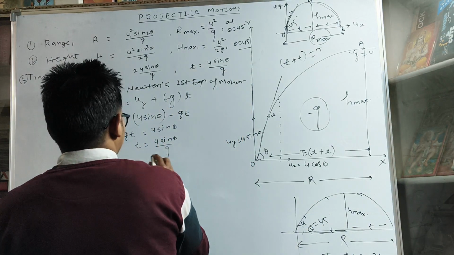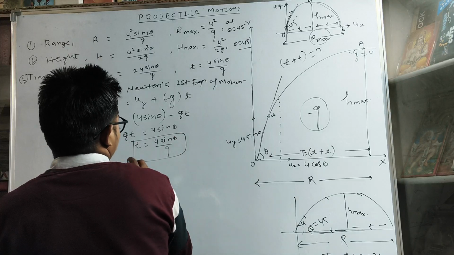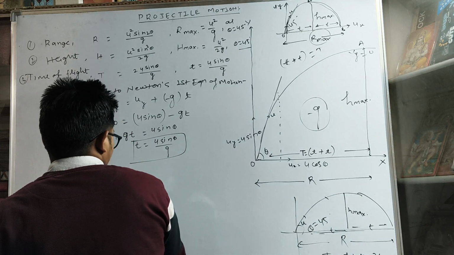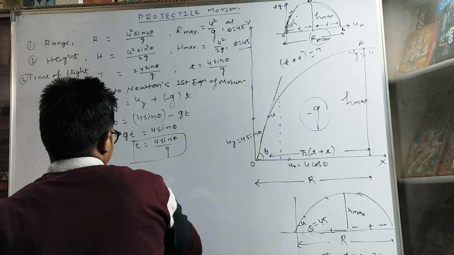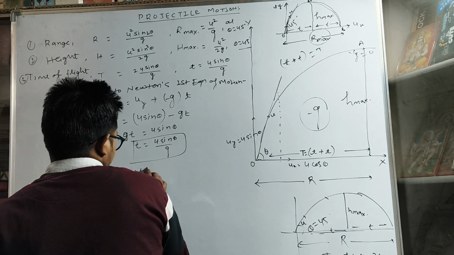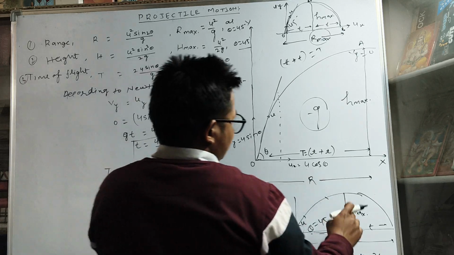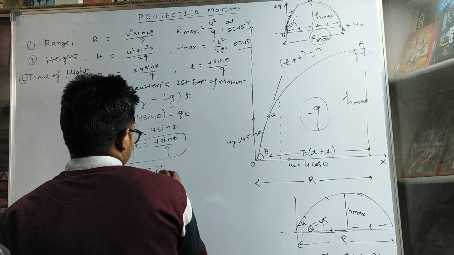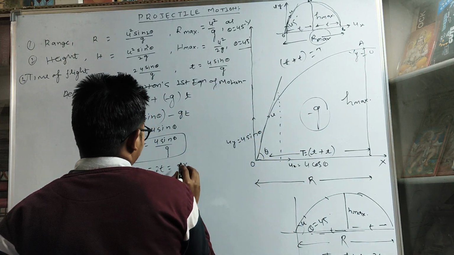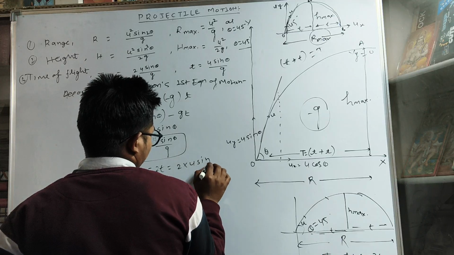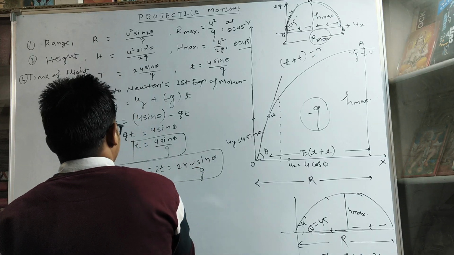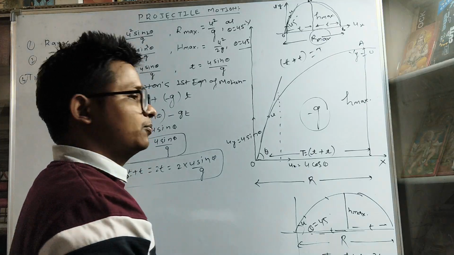If you want to obtain total time of flight, we multiply by 2. We can write t plus t also, because this time and this time are exactly the same. So t plus t equals 2t, which is 2 u sin theta by g, the total time of flight of the projectile motion.